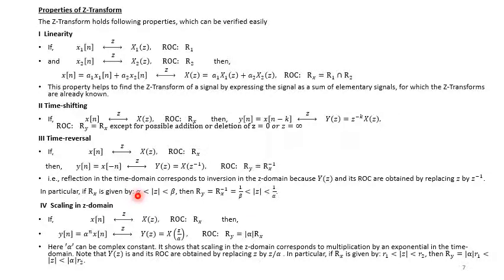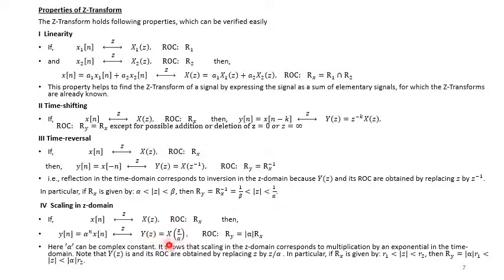The fourth property we are going to discuss is the scaling in z domain. So we have a signal x of n, it has z transform represented by x of z, and it has ROC which is represented by R of x. Then y of n is equal to a to the power n into x of n.